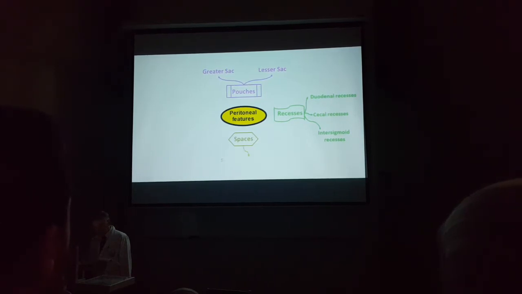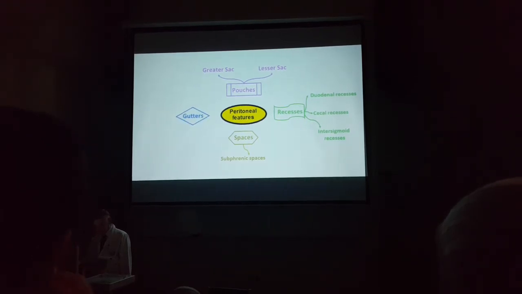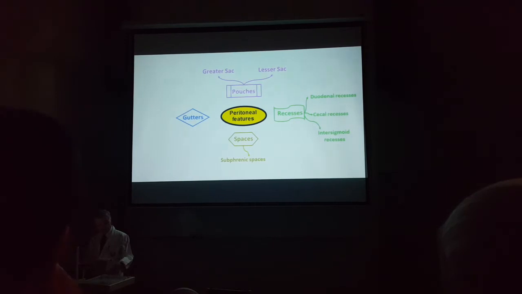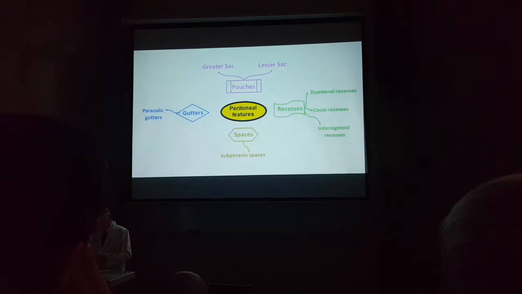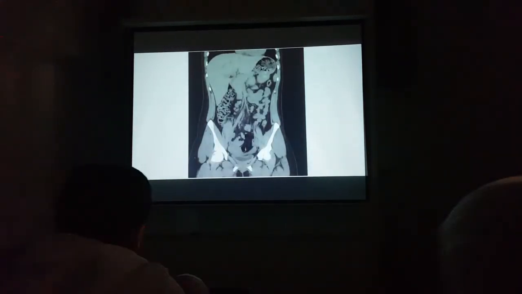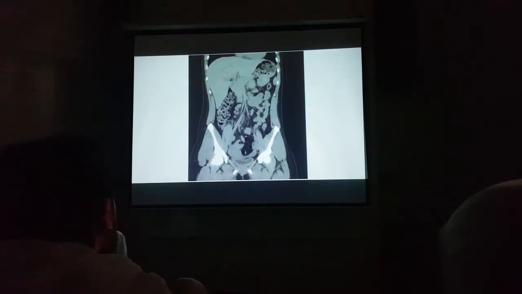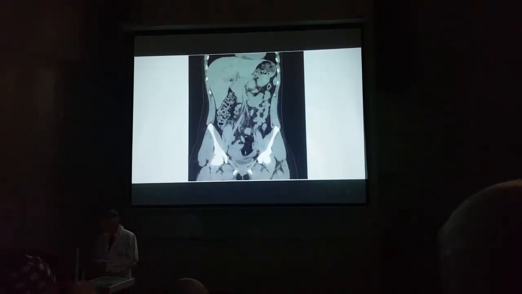Spaces under the diaphragm. Gutters. A gutter means a channel, around the large intestine. So these are little spaces between organs. This is what we see in a CT scan.